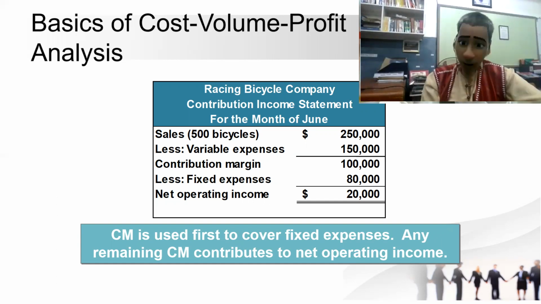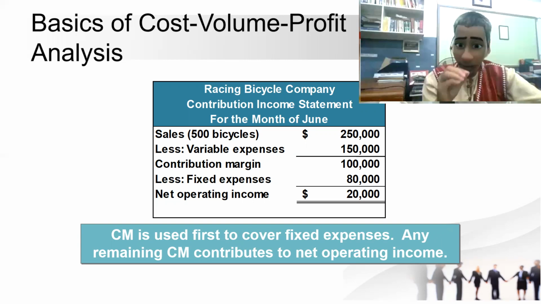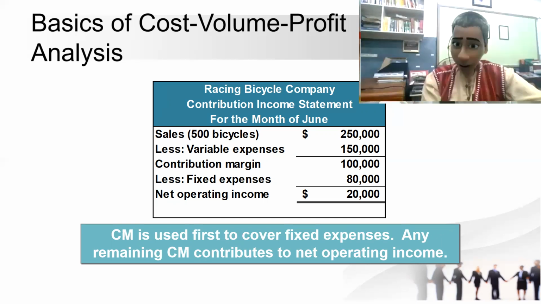So that is an equation. If we translate this statement into an equation, net operating income is equal to contribution margin minus fixed expenses.